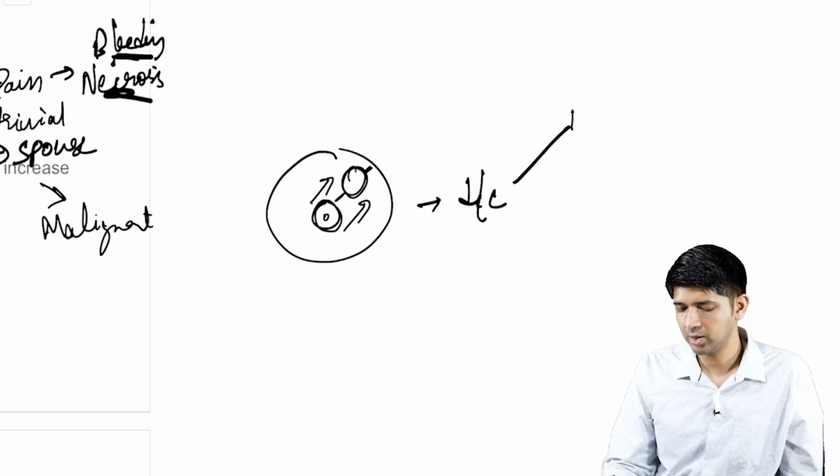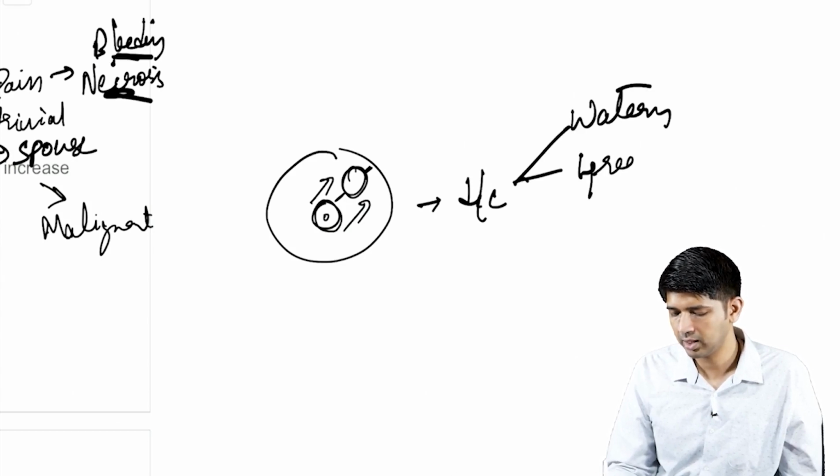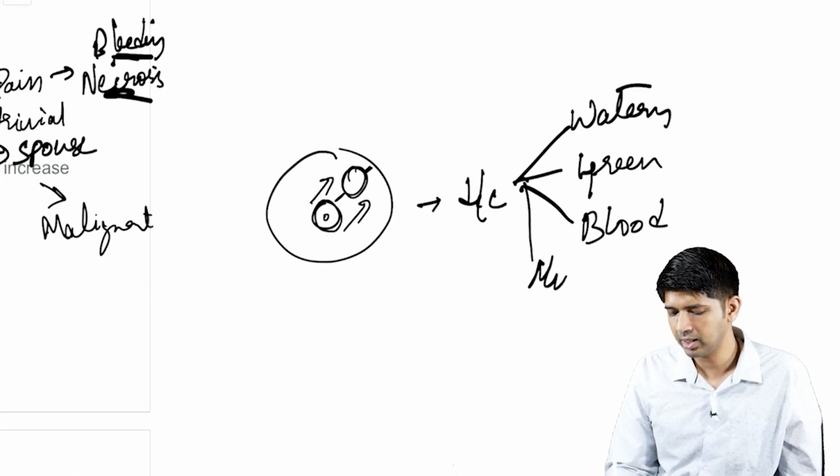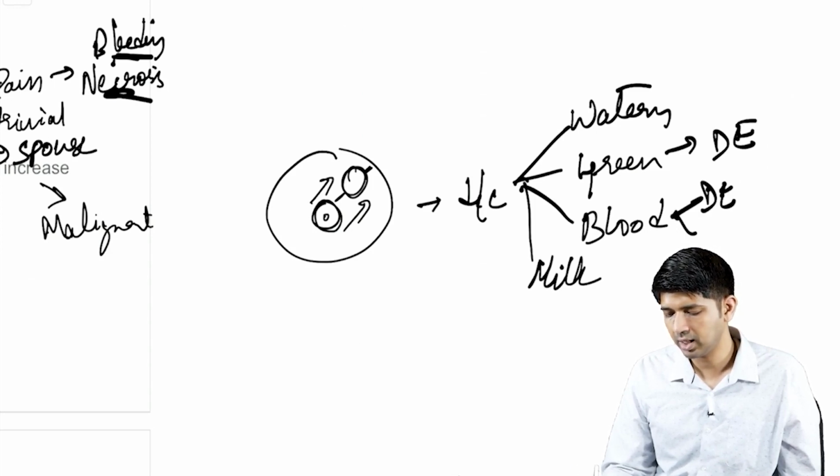There are various discharges. You can have a watery discharge, a green colored discharge, a blood stained discharge, or a milky discharge. Now green is commonly seen in ductal ectasia. Blood is seen either in ductal ectasia or in carcinoma. Alright.